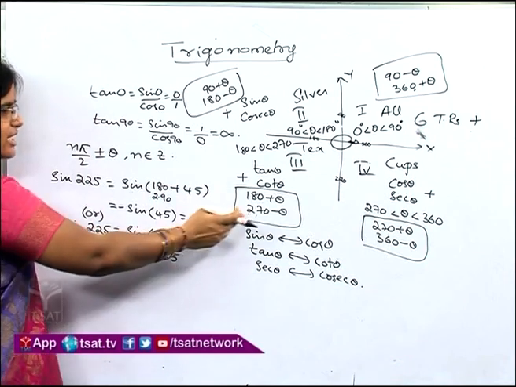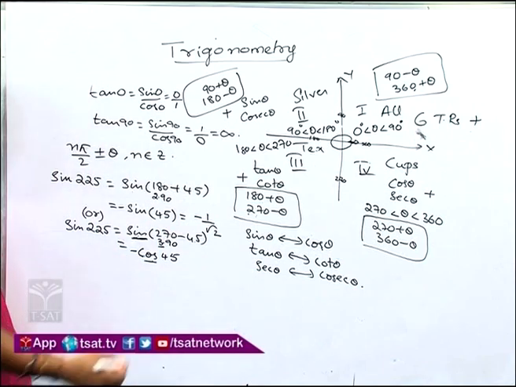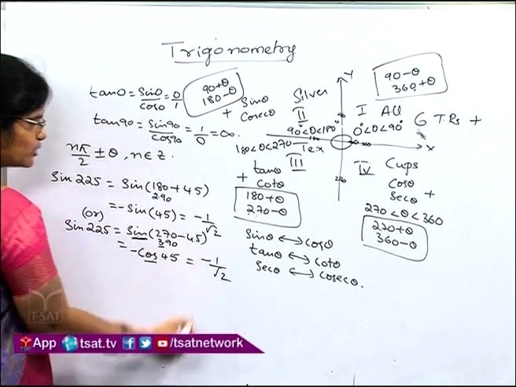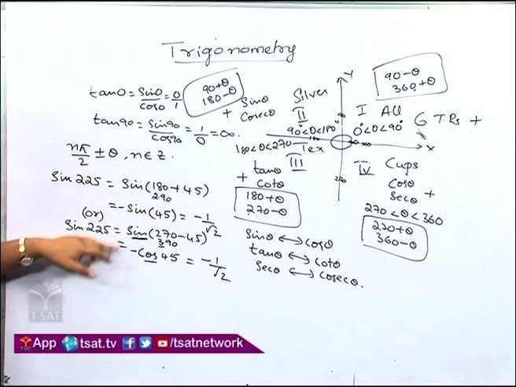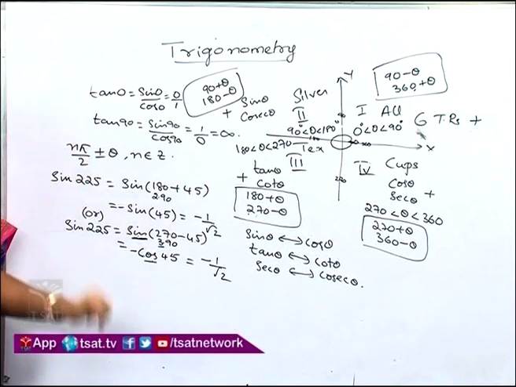So sine is negative in the third quadrant, that is why I am putting a minus sign before. Now cos 45 you already know is 1 by root 2. So you can solve either in this way or in that way. In two ways we can solve any given value.